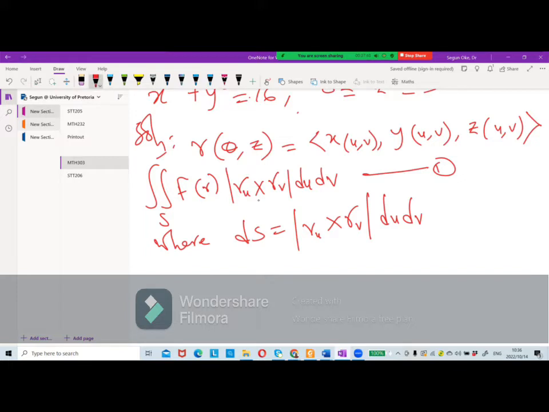Now that we have different variables inside this place, it simply means our Ru will be equal to, let's differentiate it, the partial derivative with respect to u, because we already annotated it to be u.